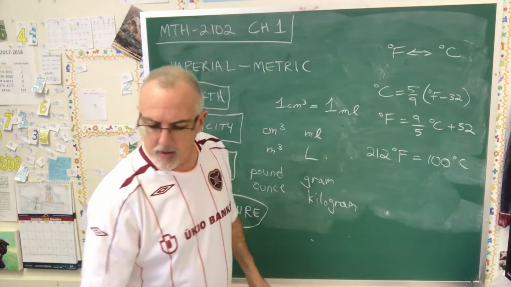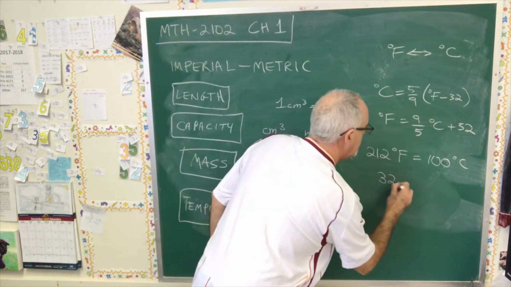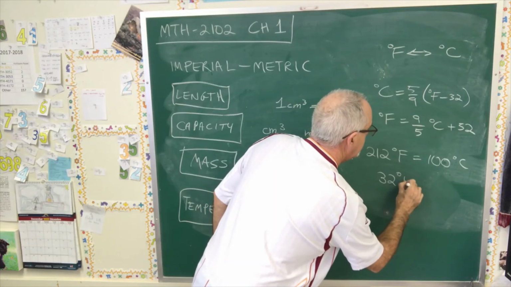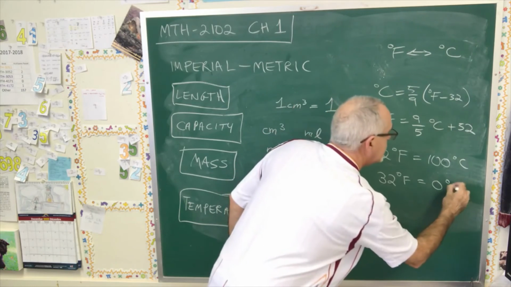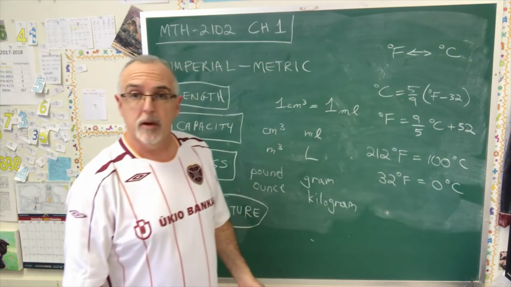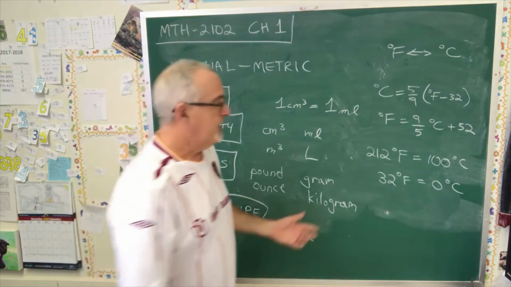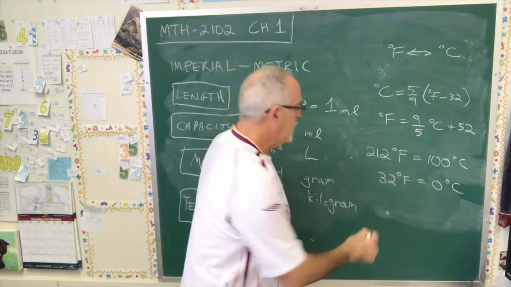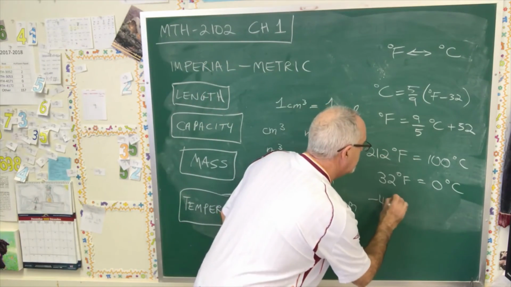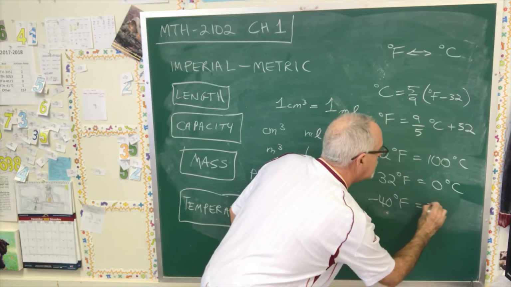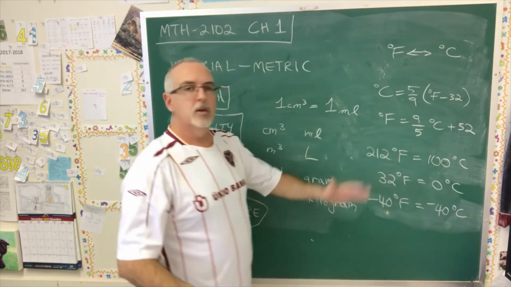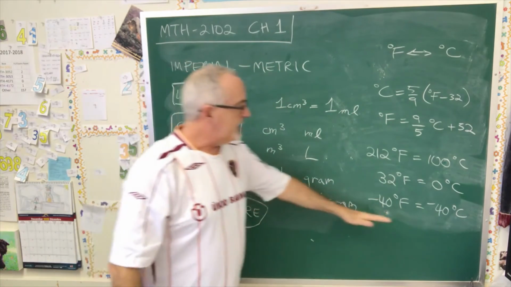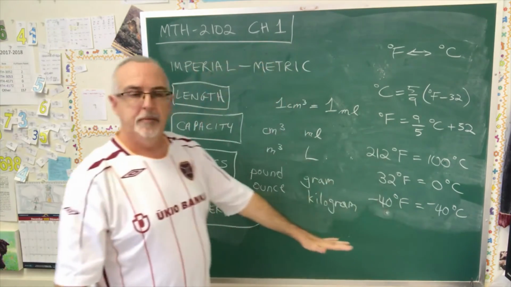And 32 degrees Fahrenheit is equal to 0 degrees Celsius, because that's the freezing point of water. And here's one that a lot of people don't know. Minus 40 degrees Fahrenheit happens to be equal to exactly minus 40 degrees Celsius. So in the two scales, that's where they happen to have the same number.